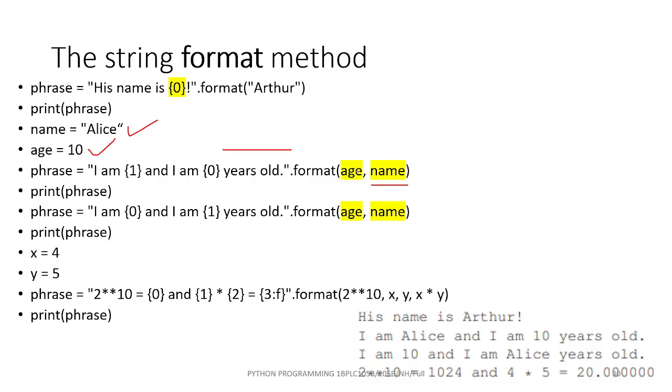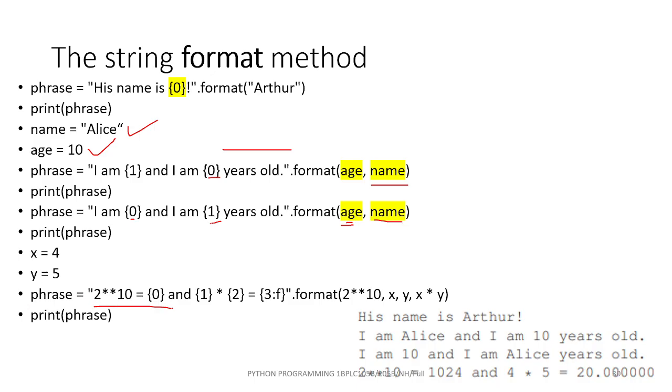And 0 is the age: "I am 0 years old." The zeroth parameter is age. This 0 indicates the position of the parameter, and 1 indicates the next one.